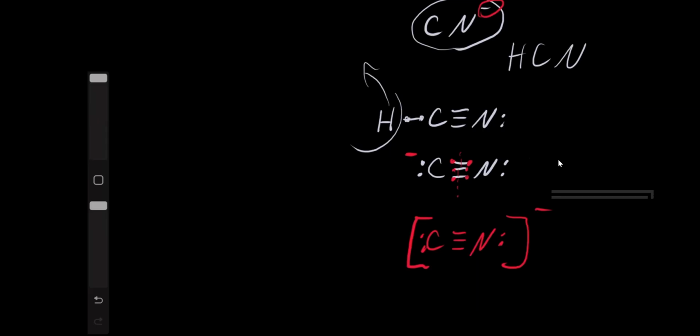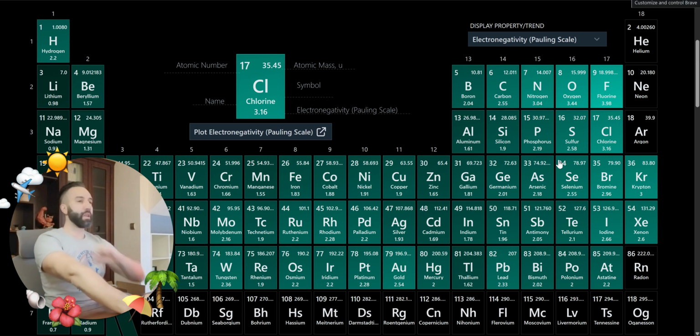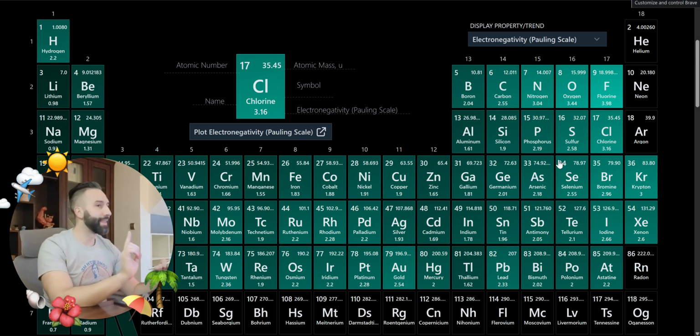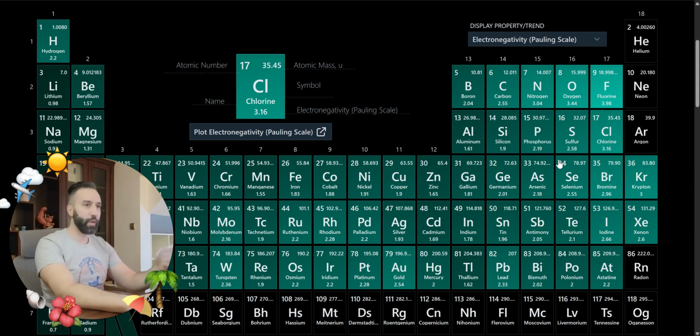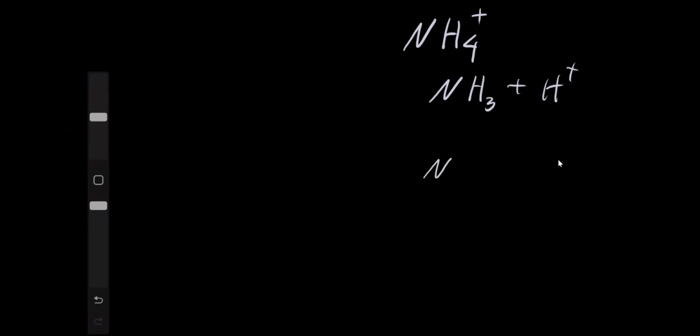A similar situation you've got for this one, NH4 plus. I assume this is just NH3 with an H plus that came in. H plus can attach to any element that has a free electron pair. So if I draw this according to our rules, NH3 should be this.